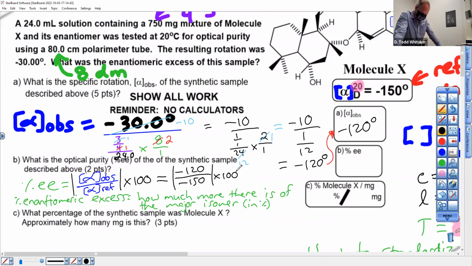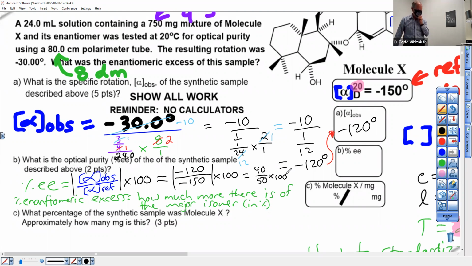You can use 5, but the 3 will get you the 40 over 50, right? Divide both by 3, equals 40 over 50 times 100.